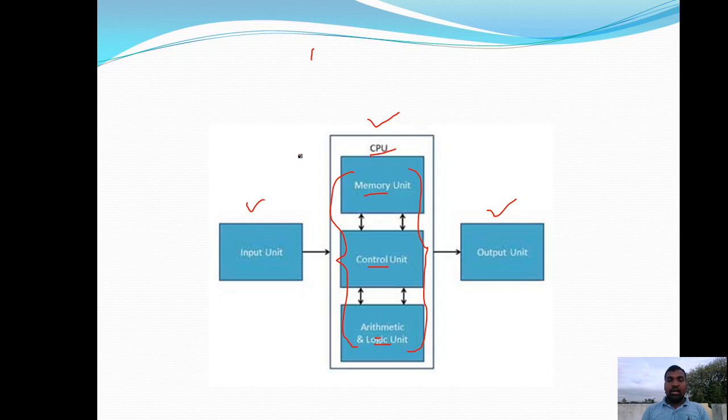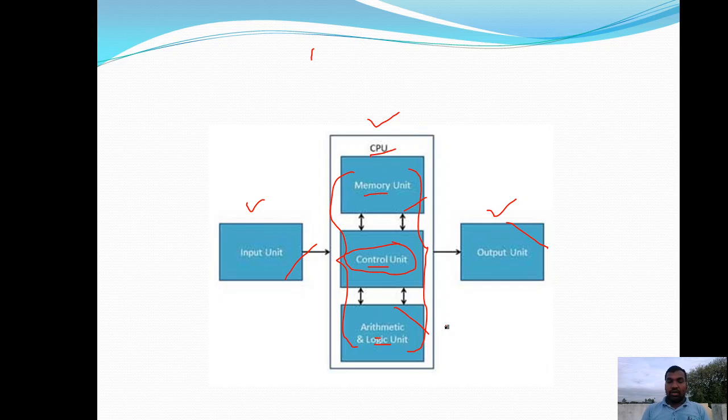The control unit is the heart of the computer. It controls all the components of the system: the input unit, memory unit, arithmetic and logical unit, and output unit.